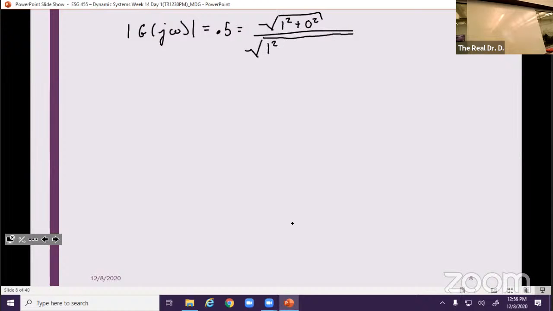So the magnitude of G of J omega is equal to 0.5, which is equal to the square root of 1 squared plus 0 squared, divided by the square root of 1 squared plus 0.012 omega squared. Right? I just took the real and the imaginary portion from my transfer function, and I took the Pythagorean theorem of it, right? Why? Because remember, I drew the thing earlier, right? Well, let's draw the thing again.